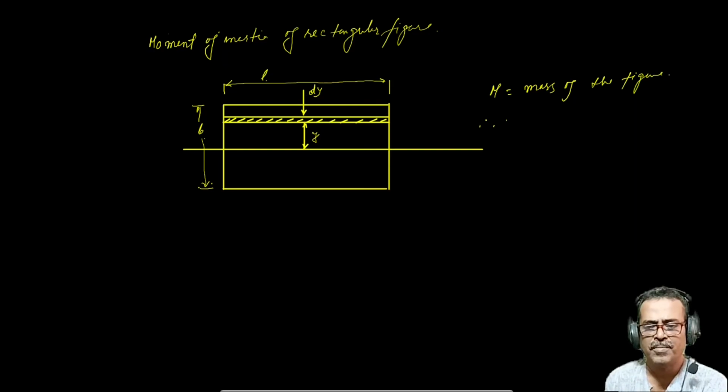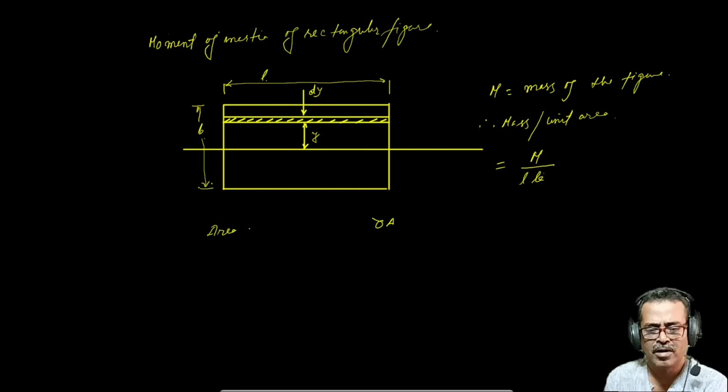Therefore, mass per unit area is equal to M by L into B. The area of the elementary part, del A, is L into dy.